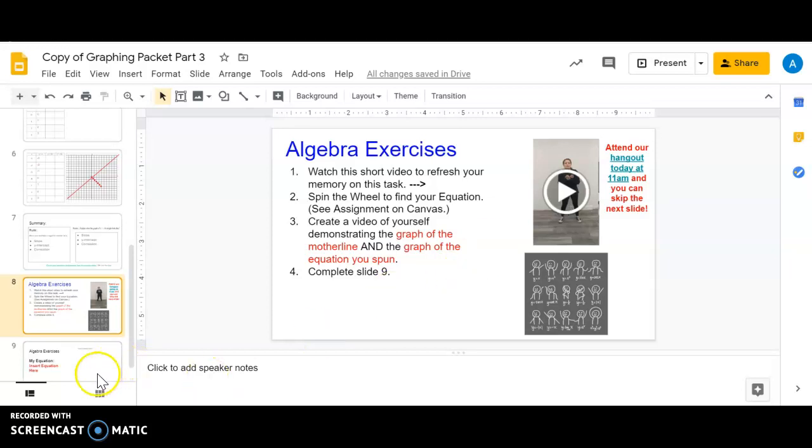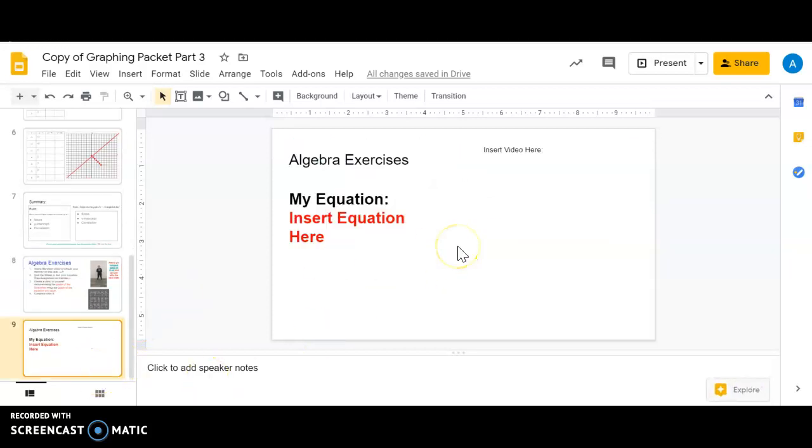So when you get down here, slight change, just insert your video. We're not going to worry about the coordinate plane. So tell me what your equation was. Show me your video of you showing the mother line and the equation that you spun.